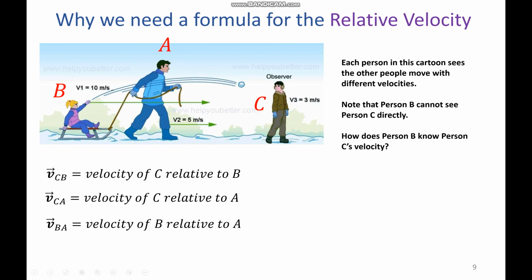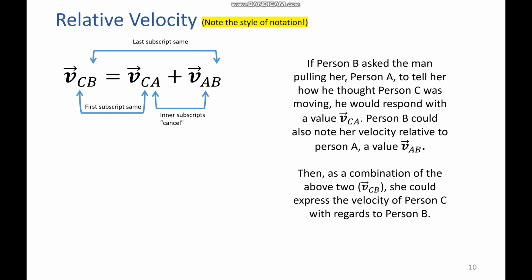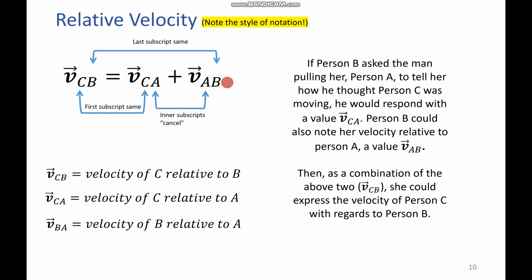Well, we have a mathematical way, and we want you guys to note the style of notation here. You're going to have your velocity v, and then you're going to have these subscripts here that denote whose velocity you are calculating, and then from whose point of view it is, right? So V_CB is the velocity of C relative to B, V_CA the velocity of C relative to A, etc. So we have our problem.